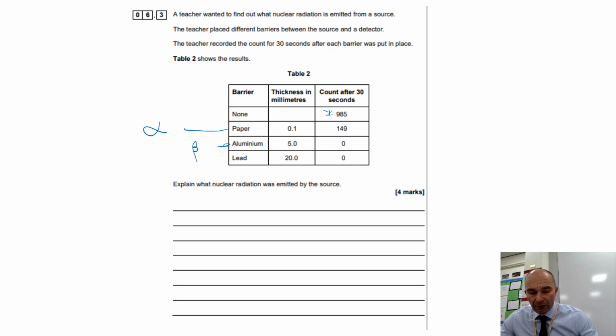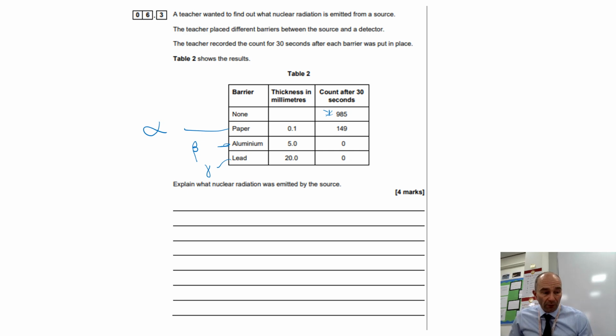Now the fact that we don't have any count rate after the aluminium means that this source certainly is not releasing gamma rays. Remember, lead is what we need to block gamma, but there's certainly no gamma rays in that particular source.